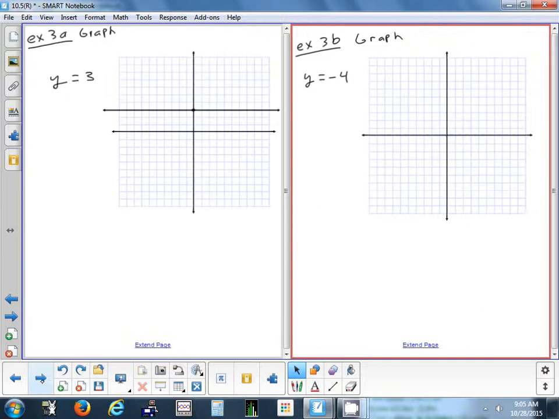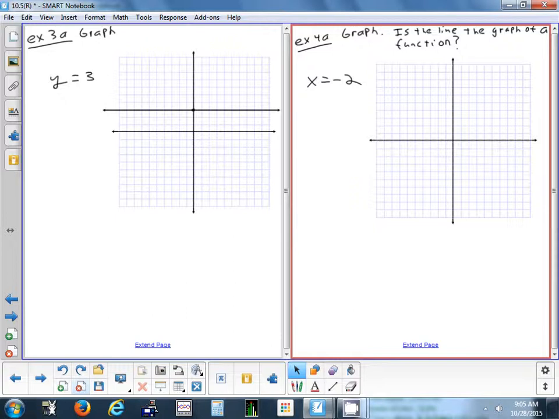Now let's look at x equals -2. I'm going to skip example 3b. We did 3a, I'm going to go to 4a. What kind of line is this one? It goes over 2, right?